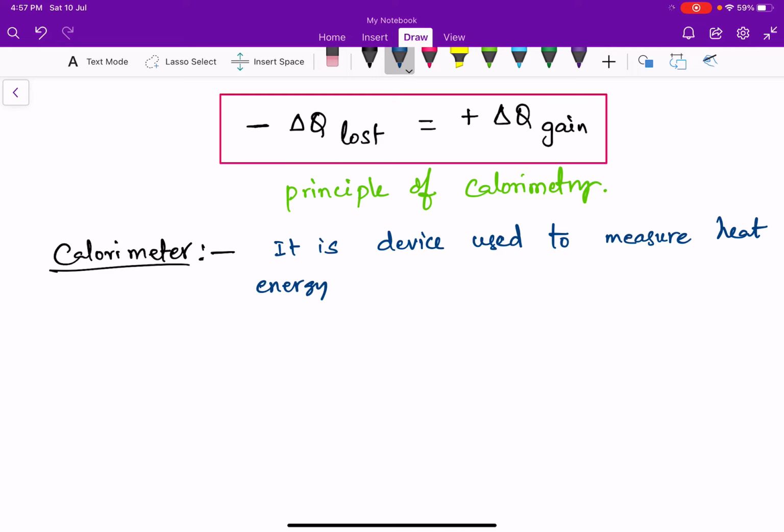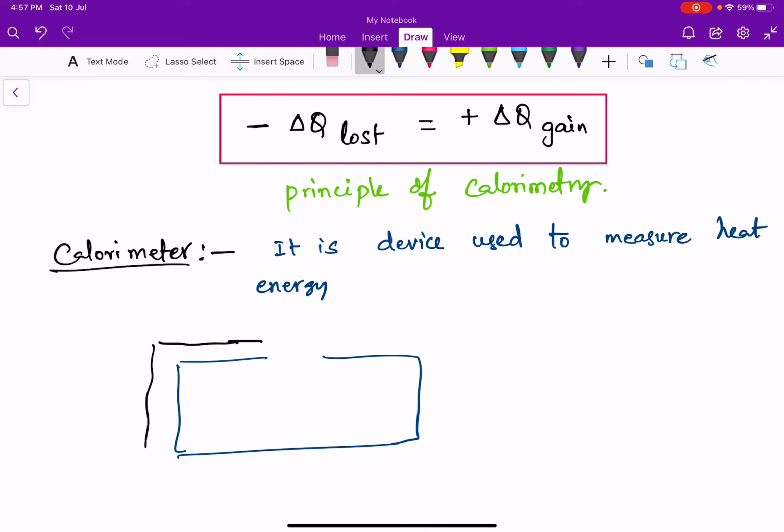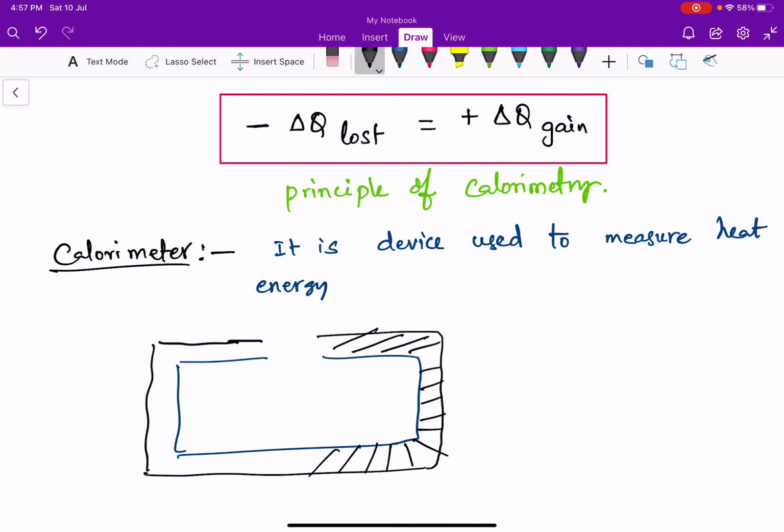So here the calorimeter consists of a metallic body, and this metallic body is surrounded by insulating material, either wood or glass or wool, etc. So there is no exchange of heat energy between system and surroundings.